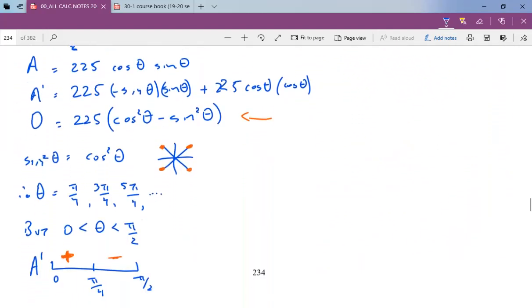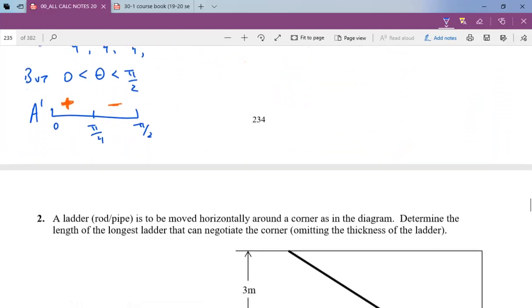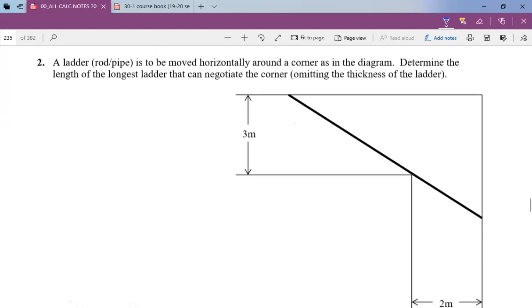Number 2. So we have a ladder that we're moving horizontally around the corner in the diagram. This is the view from above of a hallway. We've got a 3-meter hallway on this side. We've got 2 meters as your hallway width down here.